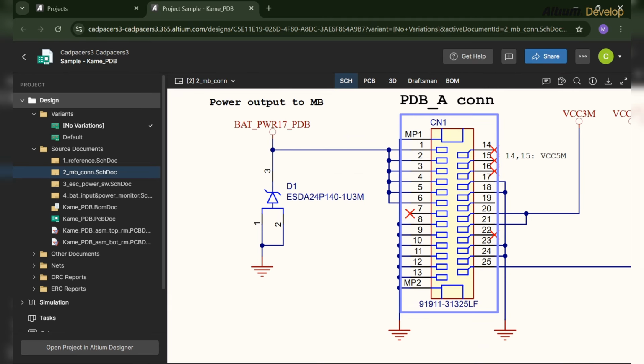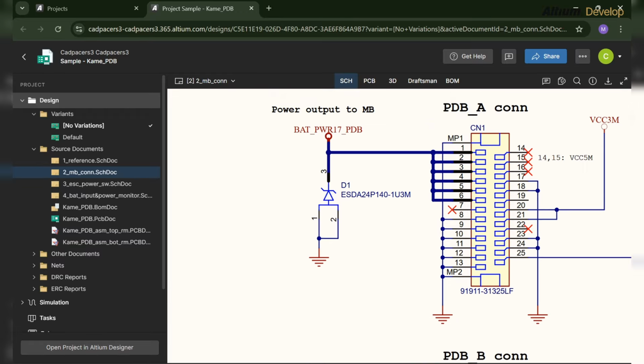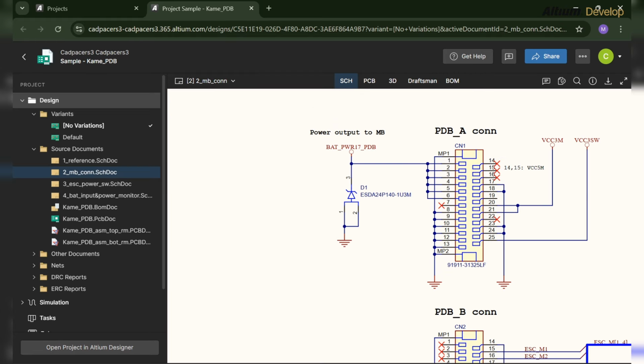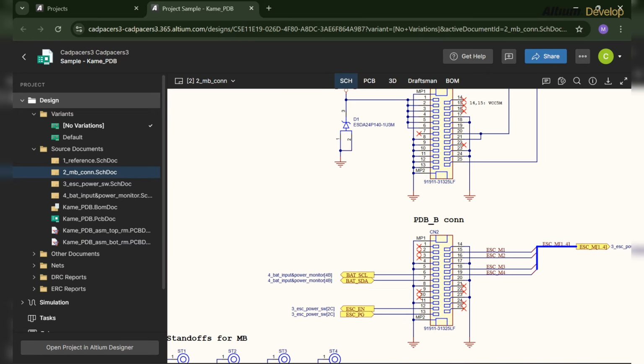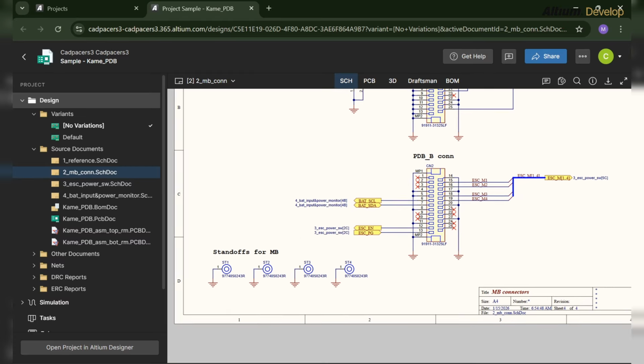So here you can see the bad power 17 pdb is going into the connector with the TVS diode, and the TVS diode with the ground, so it's going outside the PCB.